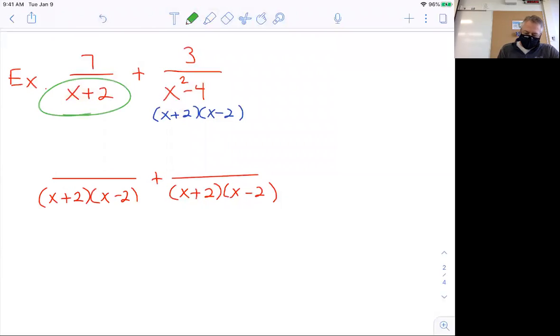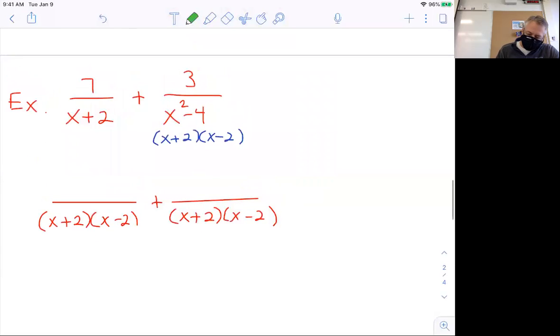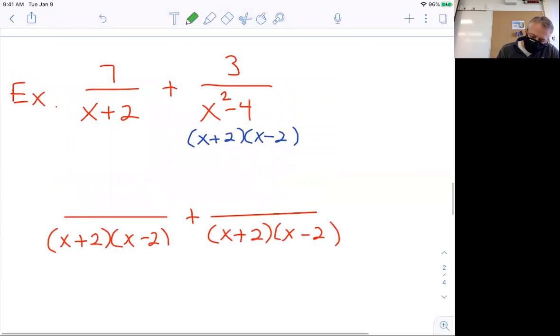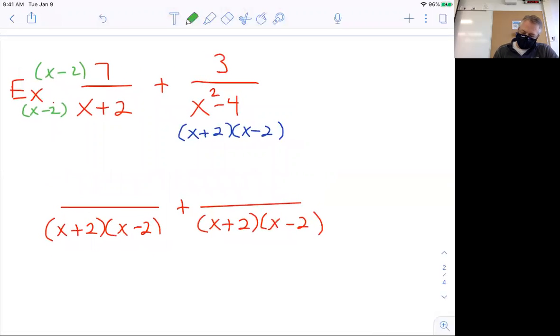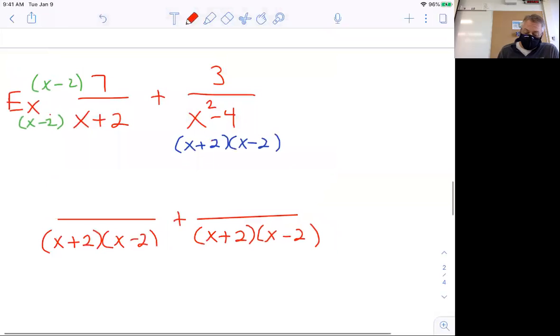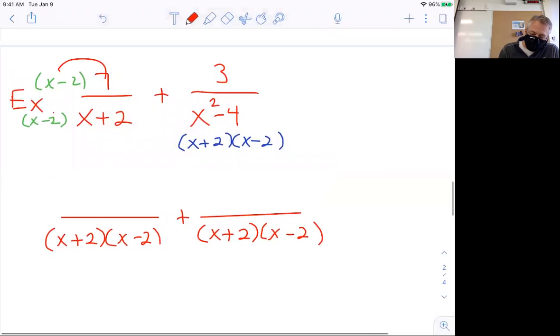All right, so to make this denominator into this denominator, I have to multiply top and bottom by x minus 2. So on the top, I'm going to distribute the 7. Okay, that's 7x minus 14.